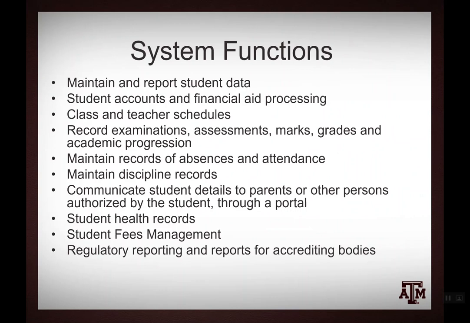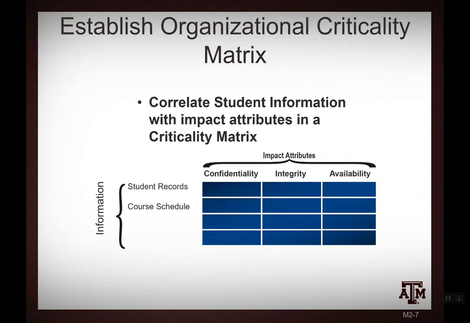So some of these functions, again, have lower criticality. The class and teacher schedule is available through Howdy. Anyone that's in the university can see that. But anytime you have student accounts and financial aid processing or examinations, marks and grades and the like, that's highly critical.